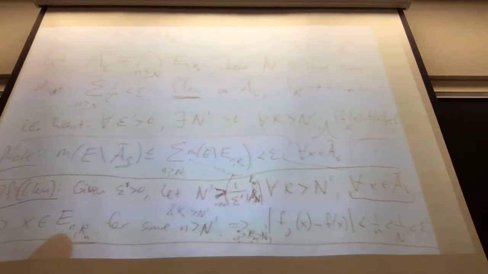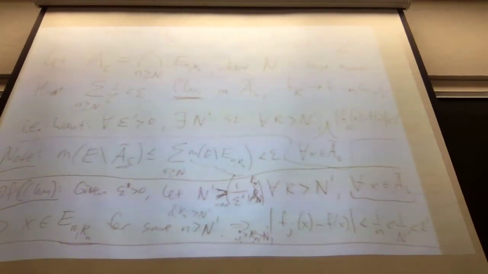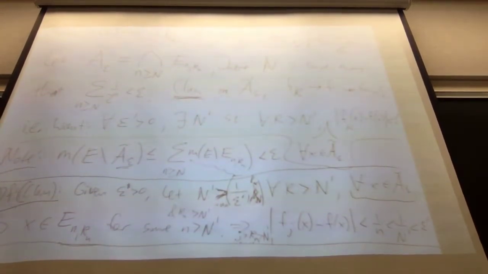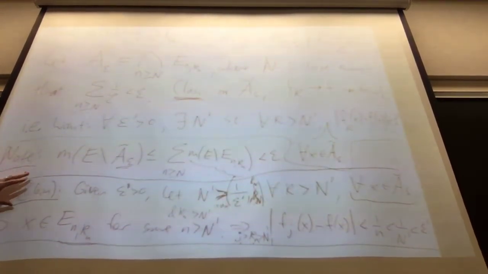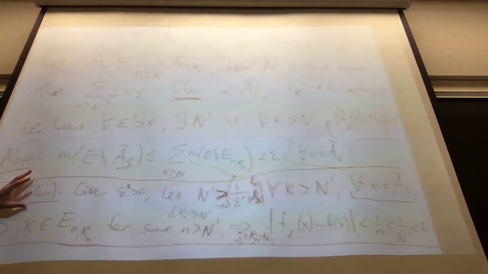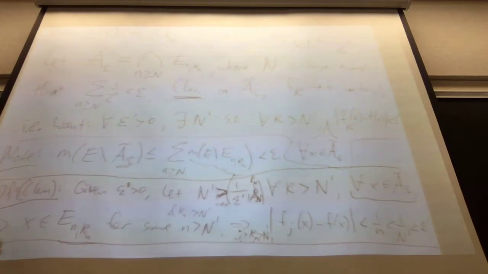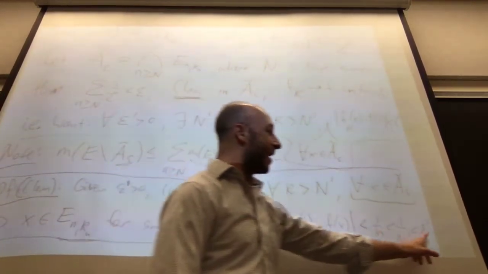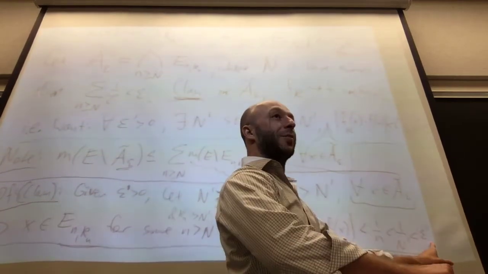Well, no. What I want to know is that this difference is at most 1 over n prime. Then let j just be greater than k sub n, or k sub big N. Let's go over this again. This is subtle. The proof of the claim is that we have uniform convergence. There are so many epsilons and n's rolling around. That's what makes this argument a little subtle. Given epsilon prime, I need to know that this difference can be made at most epsilon prime for any epsilon prime.